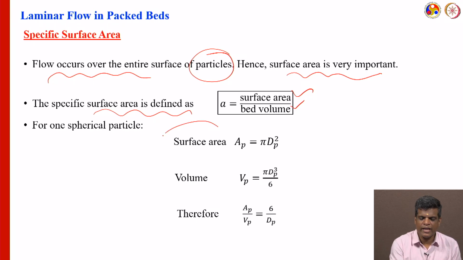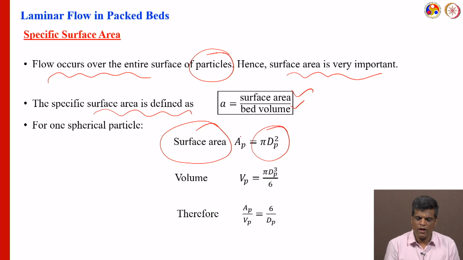So, what is the surface area here? The surface area of a sphere is pi dp square. Then for the volume of a sphere, we write 4 by 3 pi r cube, which finally gives pi dp cube by 6.